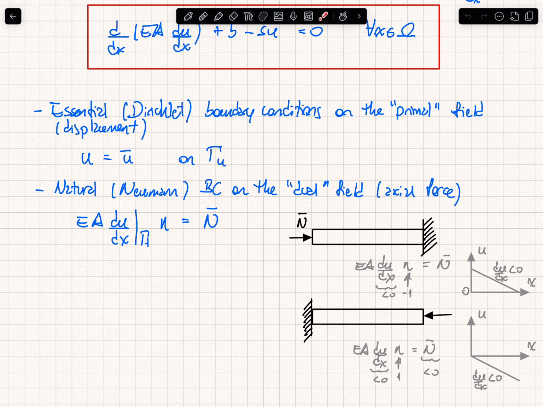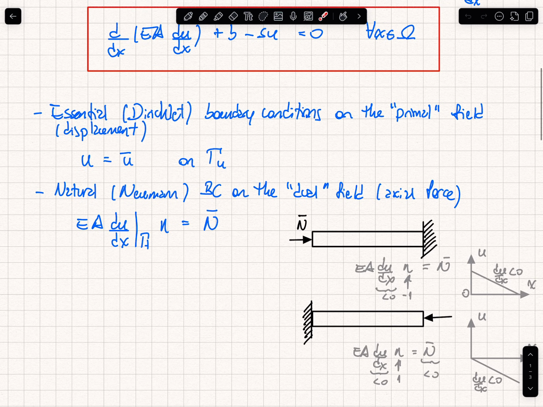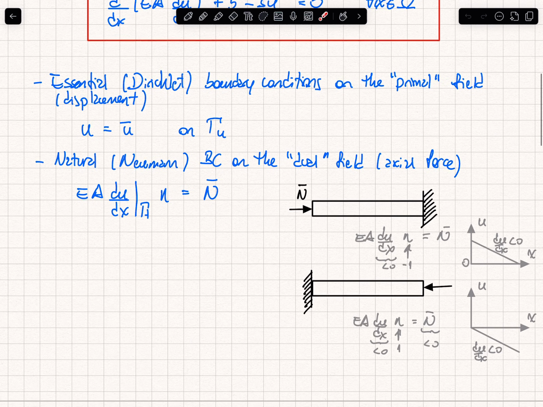Okay. So 3 types of boundary conditions: essential or Dirichlet, natural or Neumann, and then you have the mixed or Robin boundary conditions. These are the 3 types. And so we said that the displacement along the bar was going to be our primal variable.